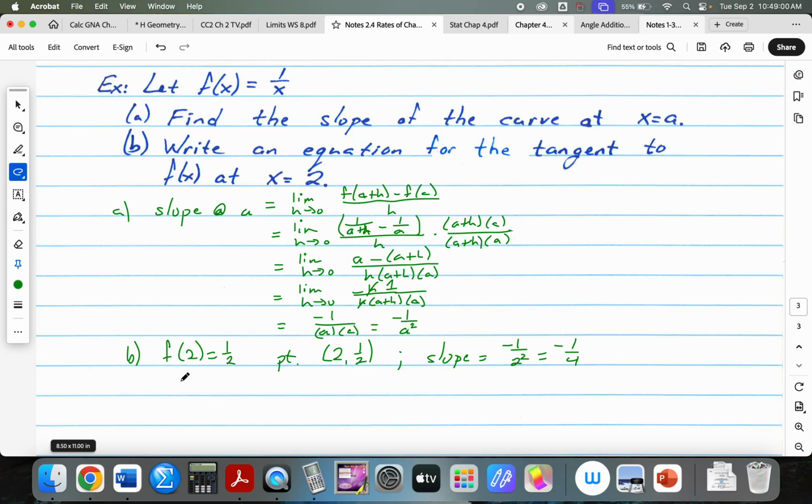So the equation of the tangent line would be y is equal to 1/2 minus 1/4 times x minus 2. Just using the point slope equation.